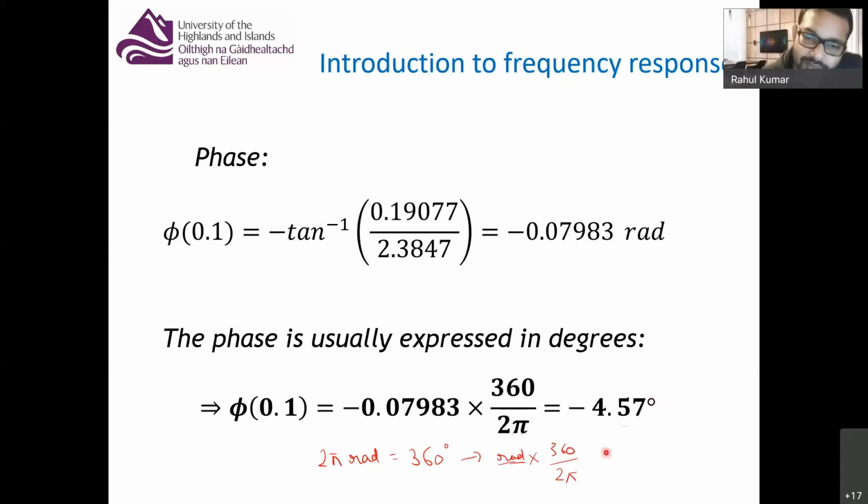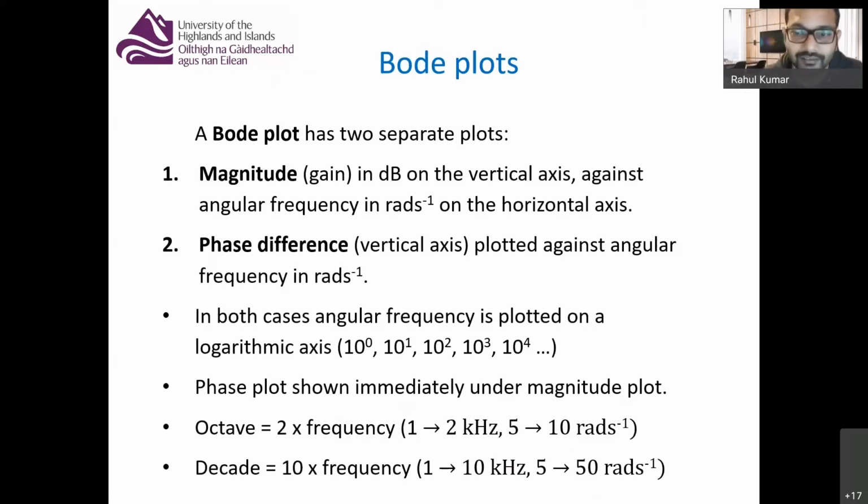Now, we have calculated the magnitude and the phase angle at a single frequency. If we have to plot this magnitude value and the phase value at a range of frequencies, it is quite difficult to do manually, because at each and every frequency you will have to do the calculation, get two values, and plot them on the graph, right?